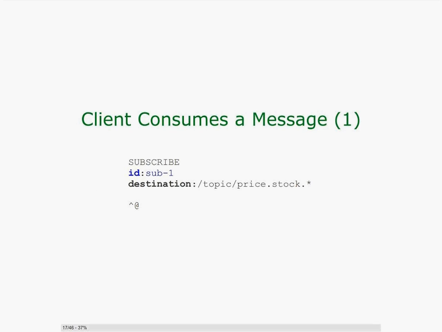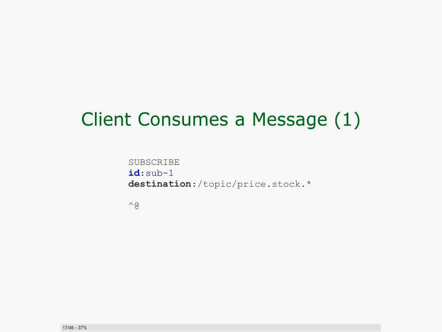Now, when the client wants to consume messages as opposed to produce messages, it needs to subscribe. The server is actually not able to send anything to the client unless it is in response to some kind of a subscription. So step number one, the client needs to send a subscribe message. And you can see here the destination expresses what it is that we're subscribing to, in this case, stock quotes. You can see the wildcard in there.